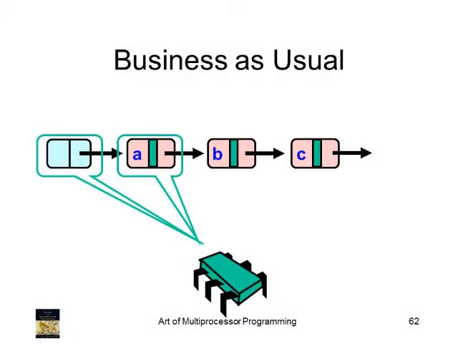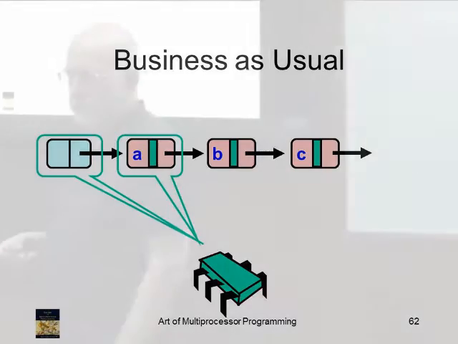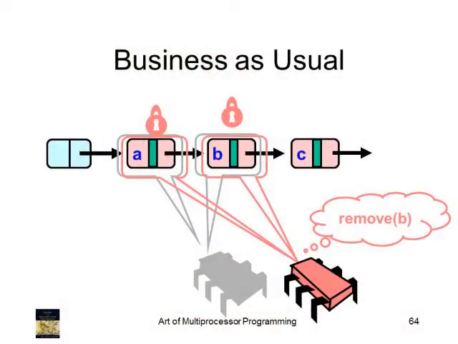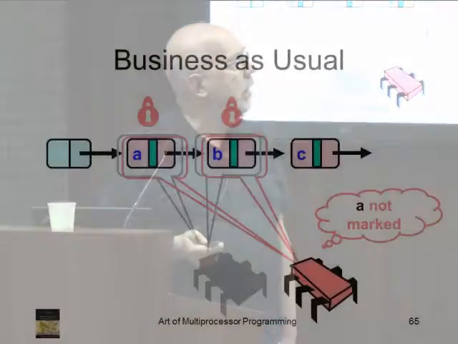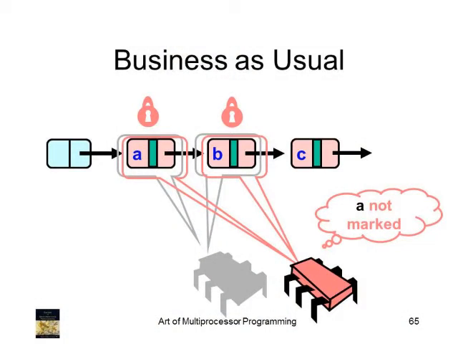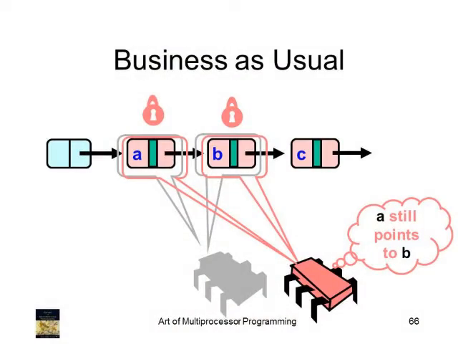So here's a picture. This node scans through, and now it locks. It finds the node. It's halfway between 2 nodes. Suddenly, the red thread shows up. It decides to remove B, and it acquires the lock and checks. Well, A isn't marked, so it's okay. A still points to B, so that's okay.